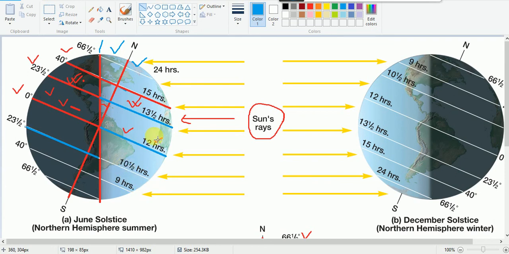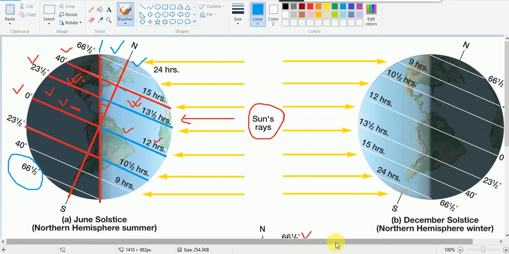Nighttime is longer than the daytime, and the daytime is only 10 hours 30 minutes. So in this way, along 40 we have 9 hours daytime, and along the 66.5 degree, that is the Antarctic Circle, there will be no daytime.